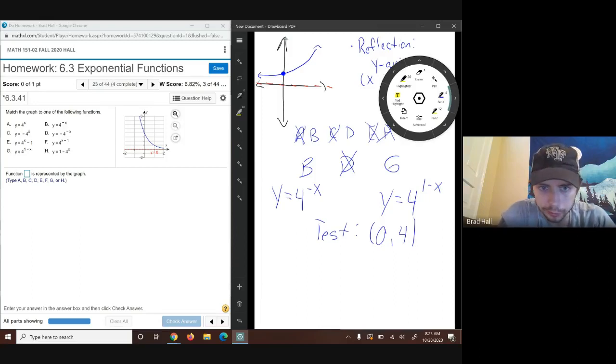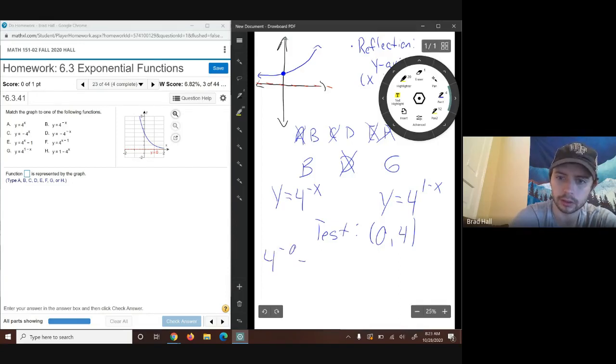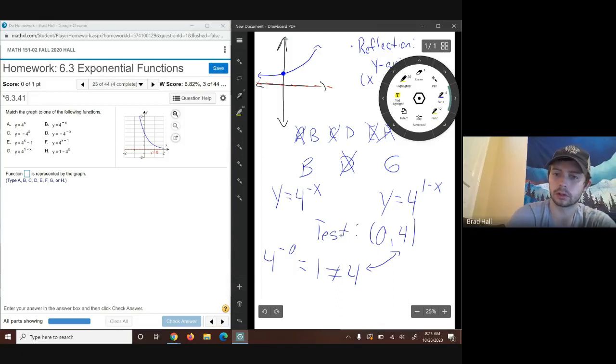If you look closely, you will see that for an x of 0, it hits the y-axis at 4. So if we try this for B and plug in 0 for x, 4 to the negative 0 is just 1. That's not 4. We were supposed to get 4. So B is automatically eliminated because it failed that one test point.